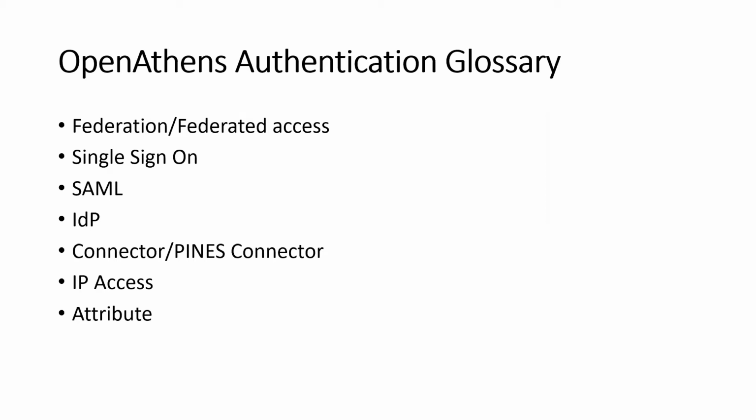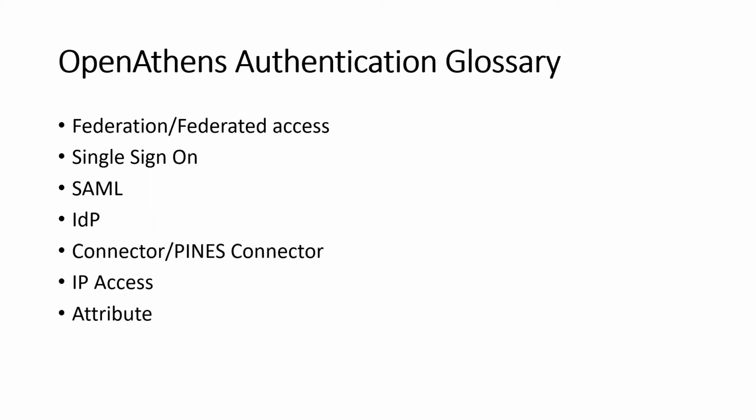SAML is basically a standard for single sign-on authentication that OpenAthens uses. So you're going to hear us talk about SAML or SAML metadata sometimes, which is pretty meaningless to us on the library side, but it's basically the way these systems talk to one another. It's a markup language.